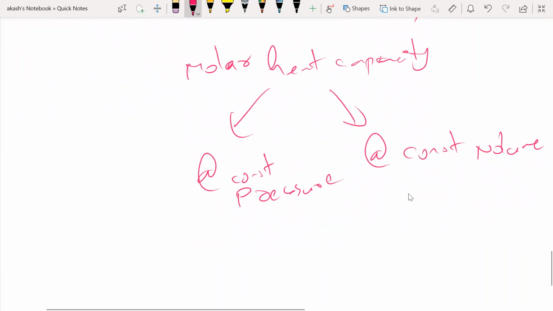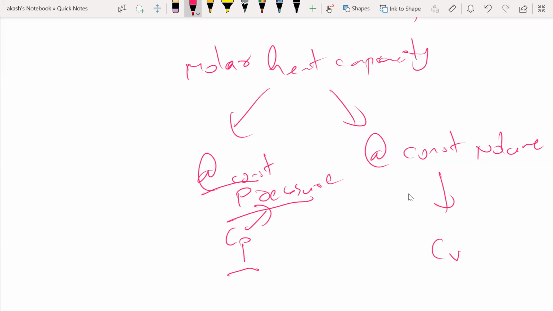If you measure the molar heat capacity at constant pressure, in the process where the pressure is constant, that is represented as Cp. Cp is the molar heat capacity at constant pressure. That is how we define it. In the same way, if I find the same thing at constant volume, I will represent it as Cv, C subscript V, the molar heat capacity at constant volume.